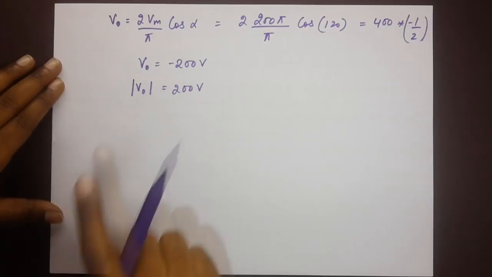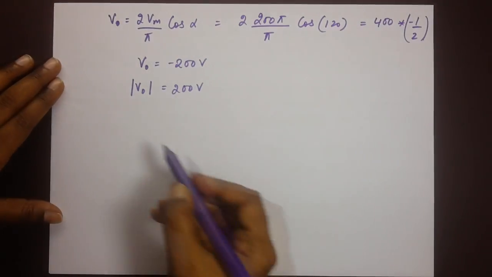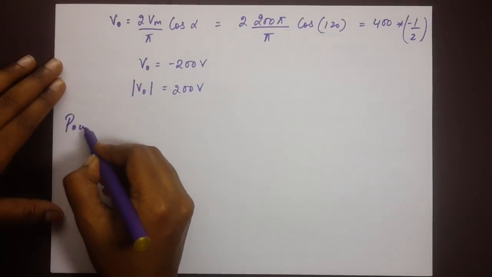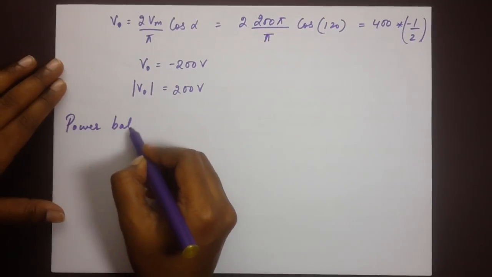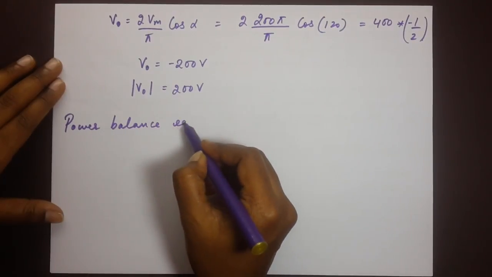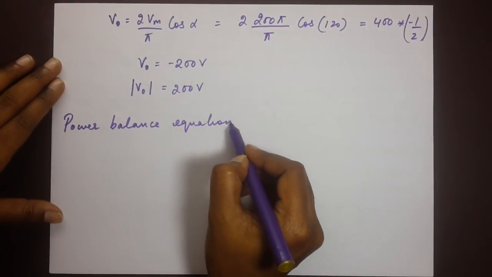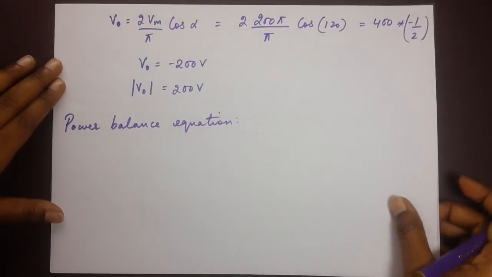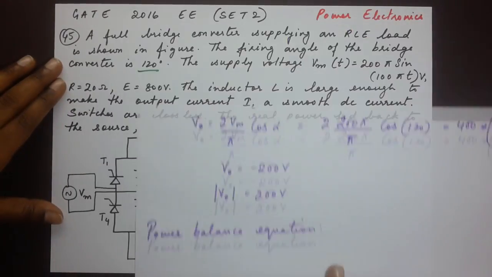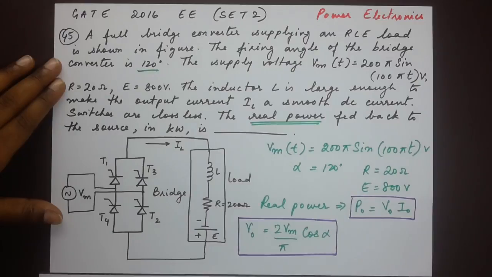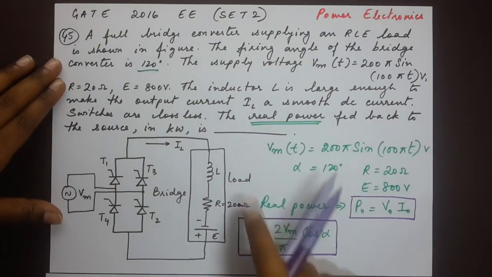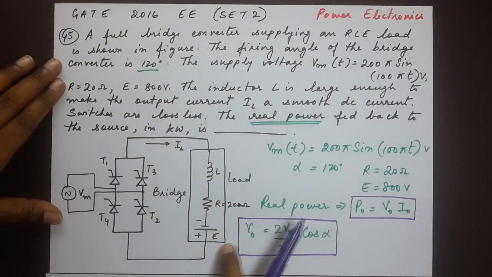So here we use the power balance equation. Okay, so let's look at the circuit. Now look at the output over here. Now this is a place where we will have to concentrate.